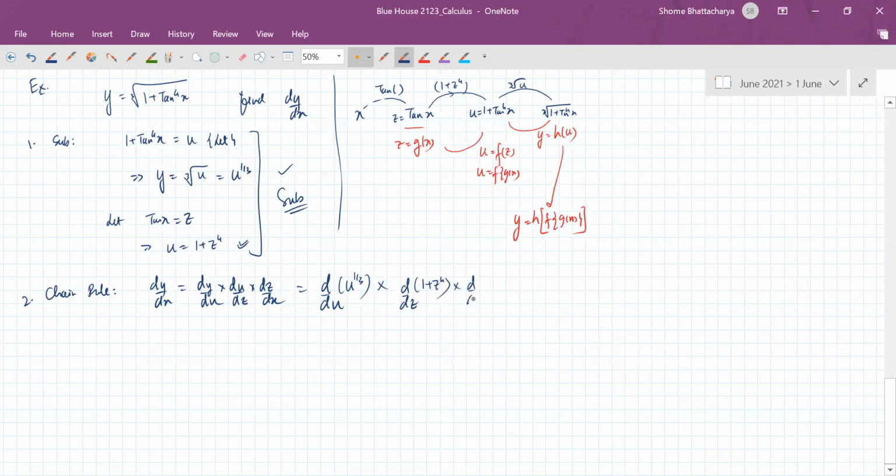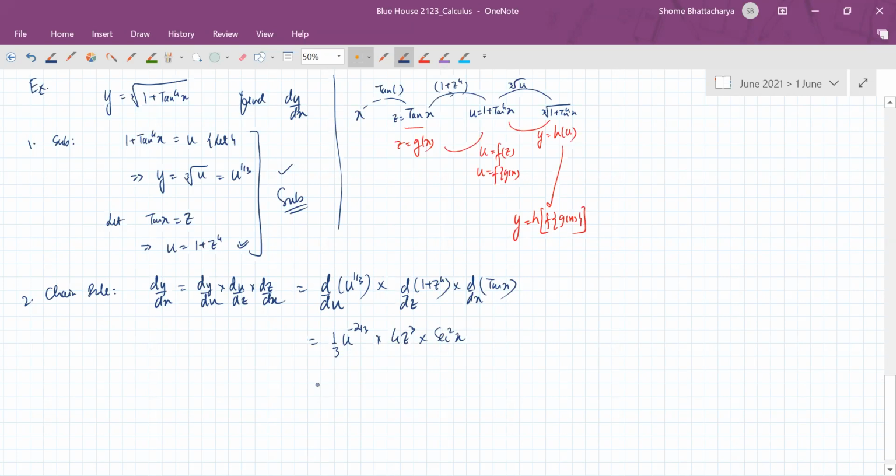And finally, into differentiation with respect to x of z, which was tan x. So this will become 1 by 3 u to the power minus 2 by 3, correct? Yes, sir. This will become 4z cube. And finally this will become sec square x.